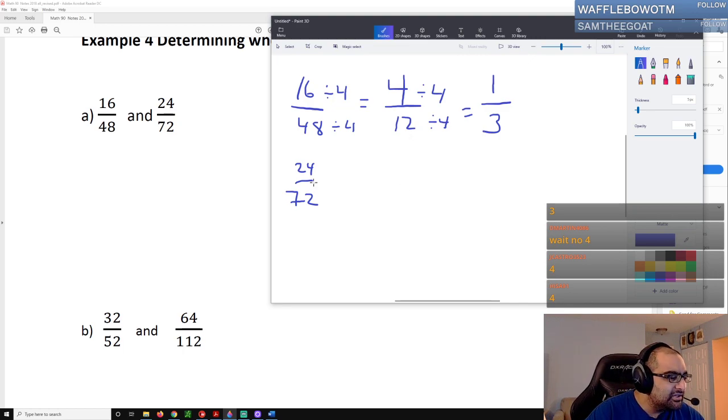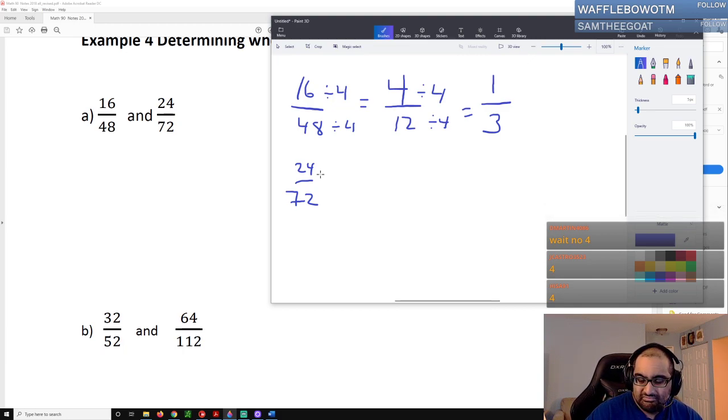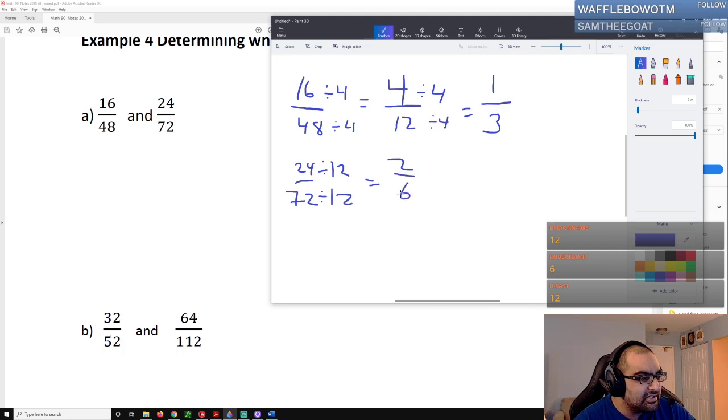So let's look at this second one. What should I divide by here to start? All right, 12 or 6, both are okay. Fortunately, you have a lot of flexibility. So 24 divided by 12 is 2, and 72 divided by 12 is 6.